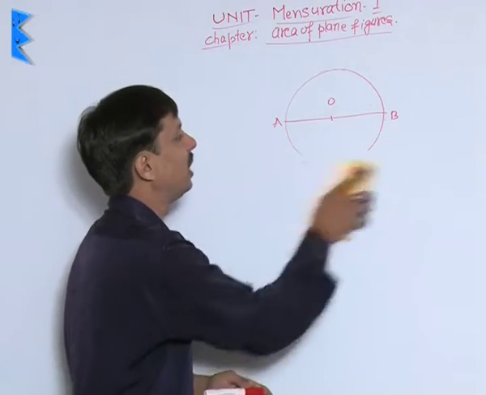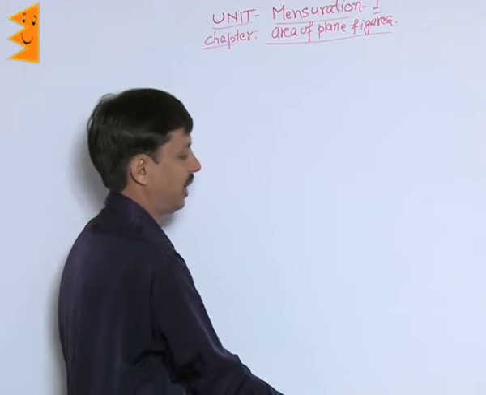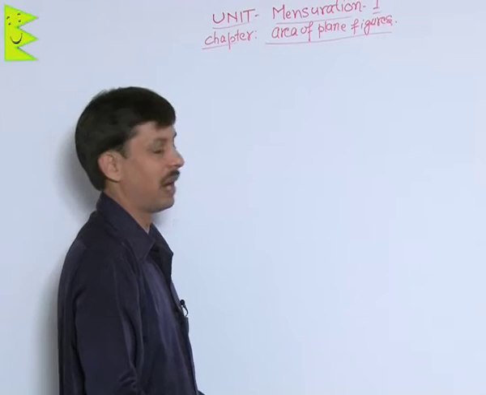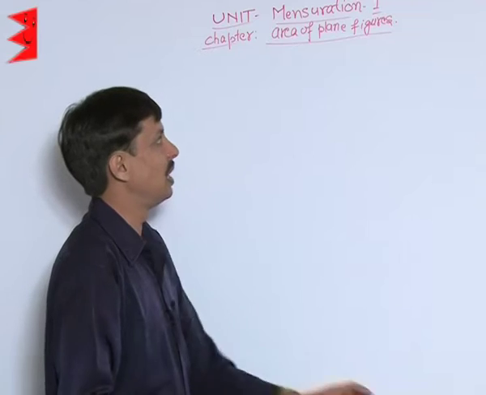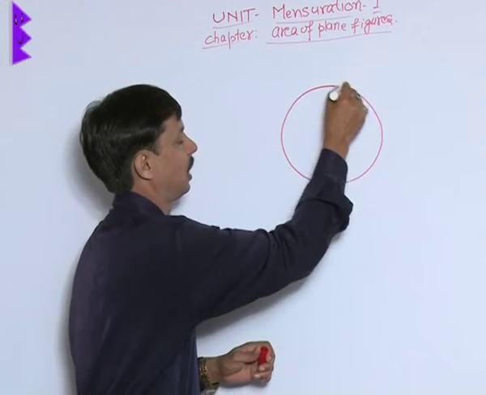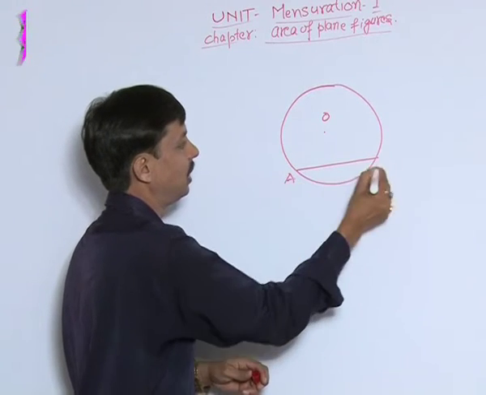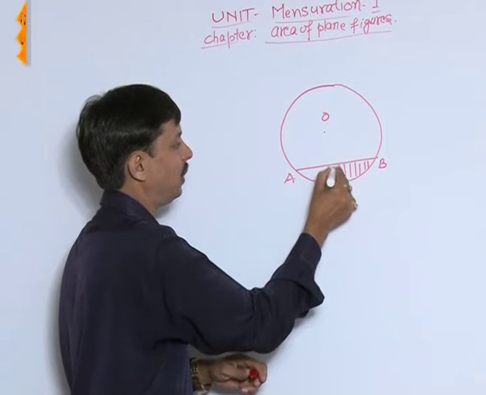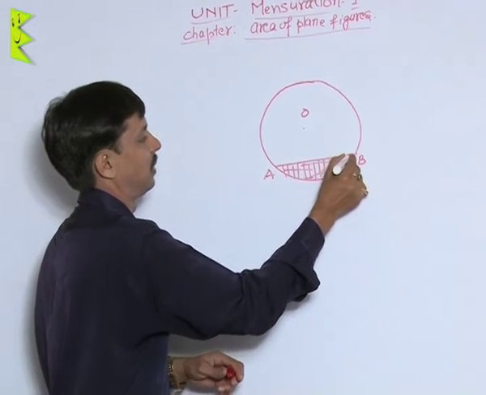Now if I take the sector where the circle is separated into two different segments, one is the minor segment, the other is the major segment. So if I take a circle, this is the center, and a chord AB. The portion enclosed between the chord and arc is known as the segment.